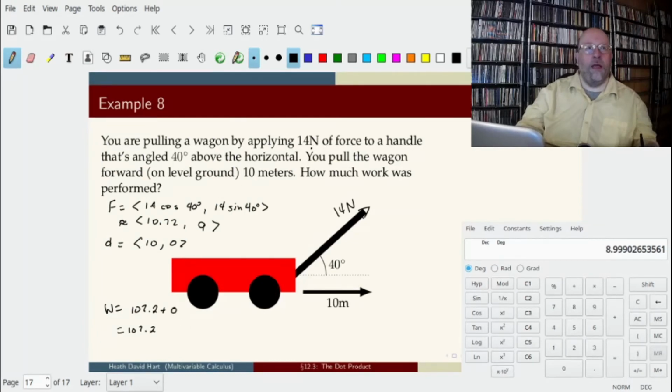And again, the units are newtons for force and meters for distance, and so this is 107.2 joules of work that was performed. All right.